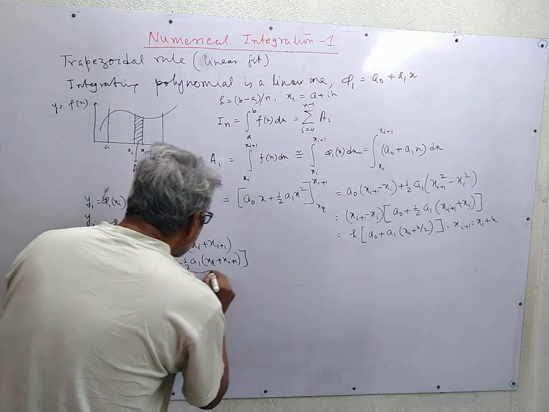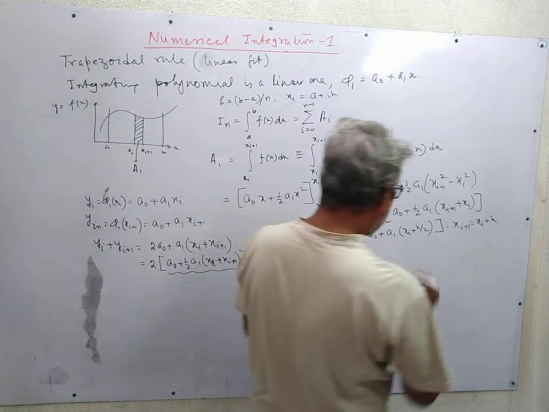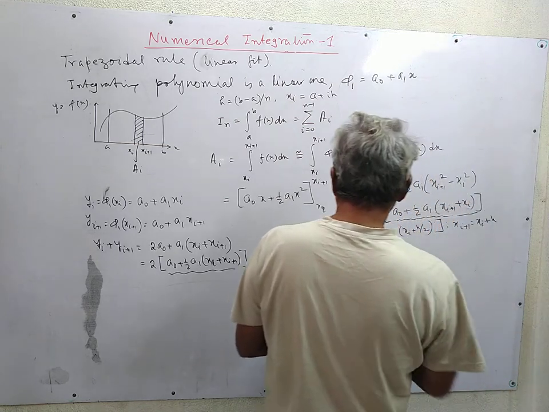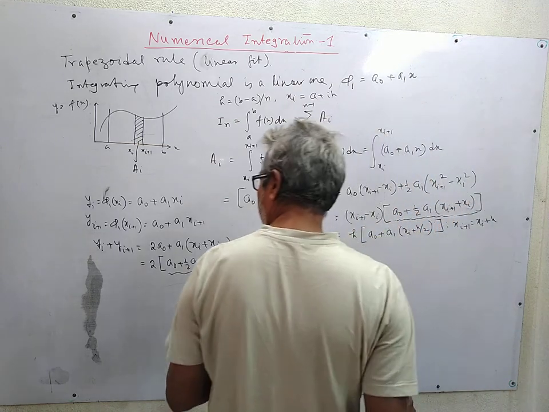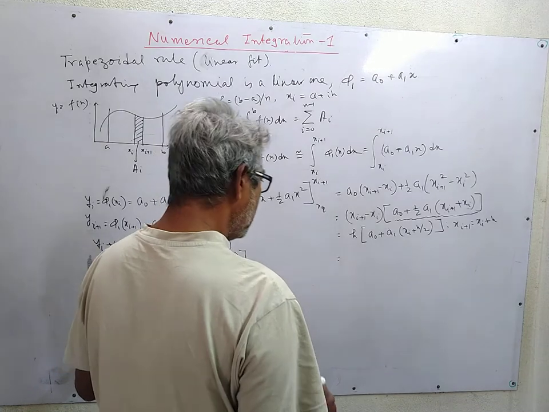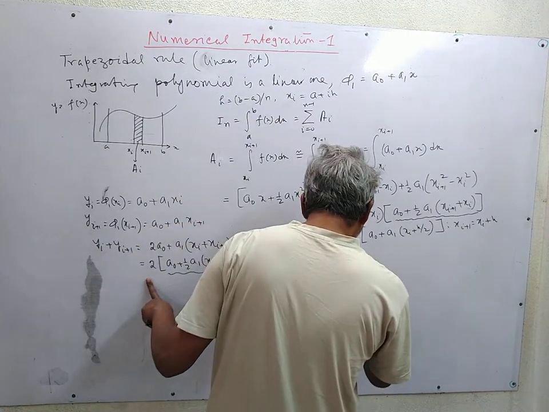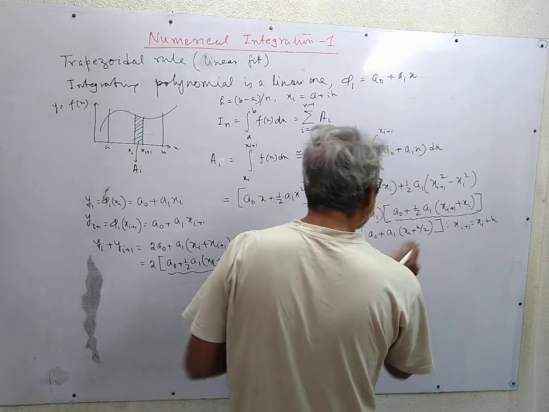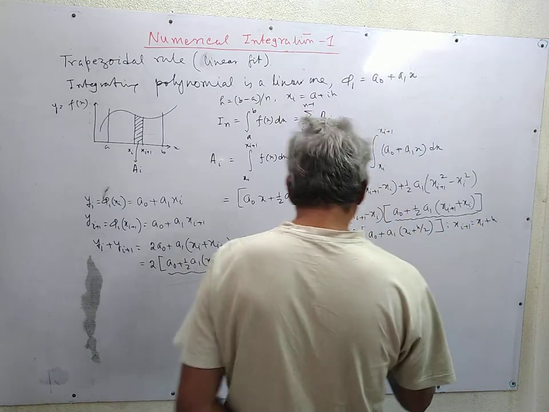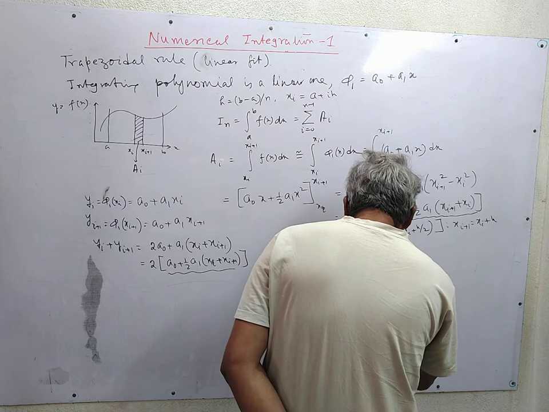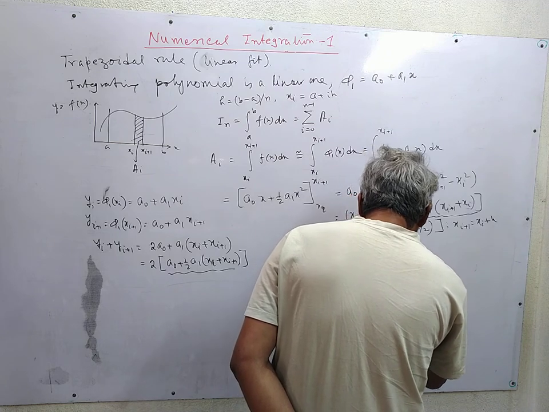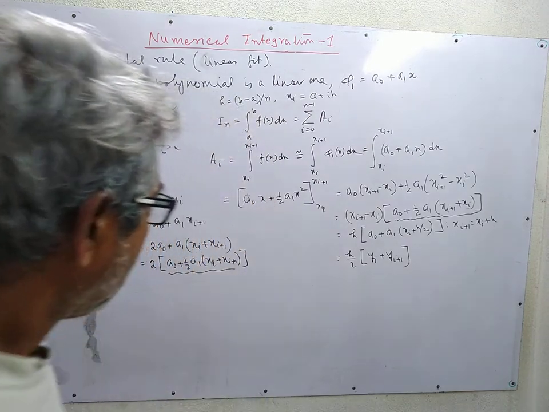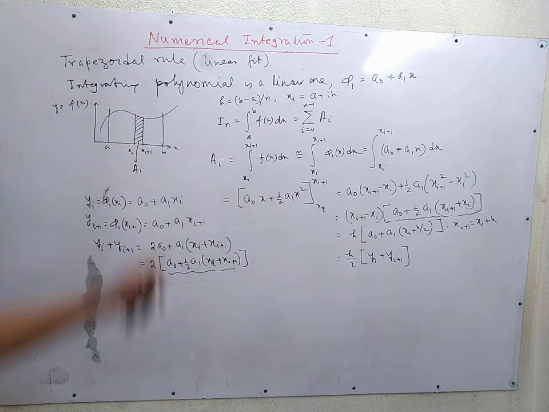This part is exactly this one. So we can write it as h by 2, this part h by 2, and the rest part within the third bracket can be written as yi plus yi+1. So this is the area of the ith block.